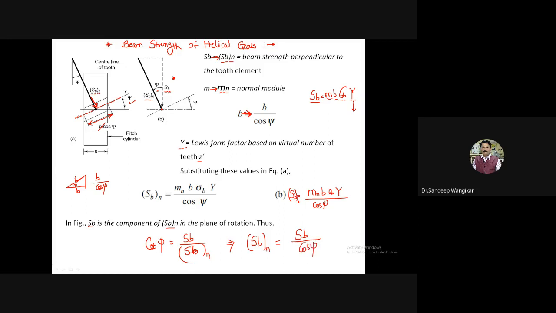By referring to this diagram, I can write here that SB is the component of SBN. Here we have written SBN, the normal. So SB is the component of SBN in the plane of rotation. This is the perpendicular plane and SB is in the plane of rotation. So by using cos of psi, I can write SBN is equal to SB divided by cos of psi.